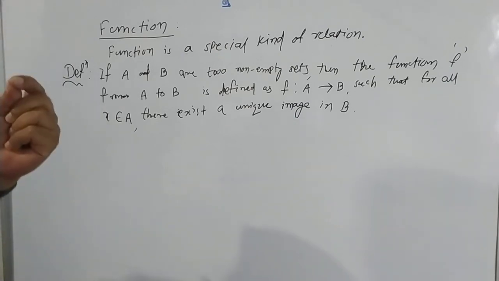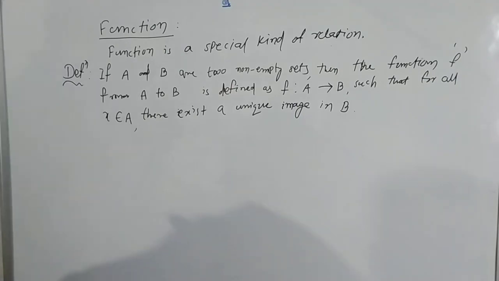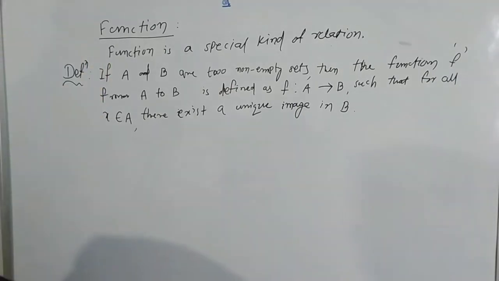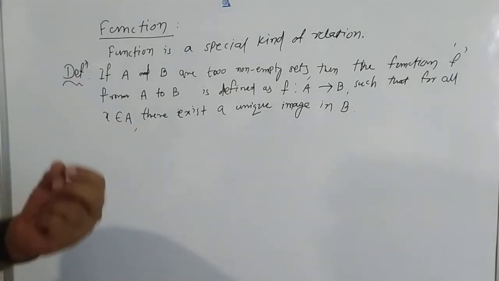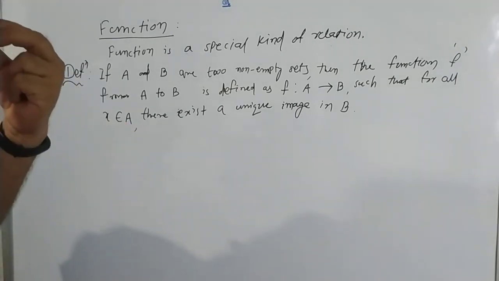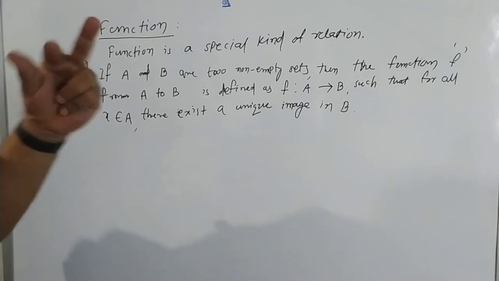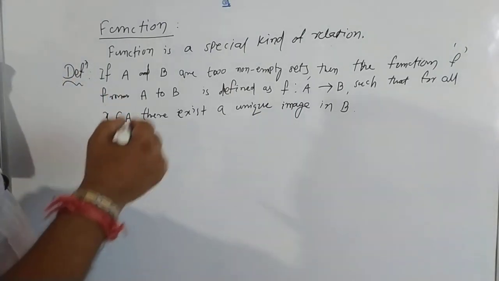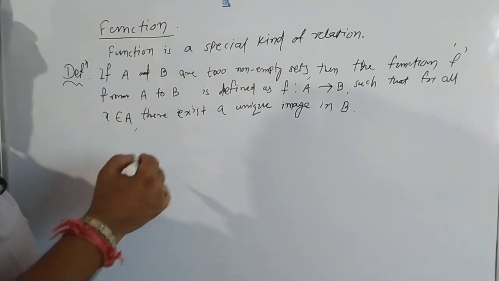Unique means at least and at most one image. All the elements must have one image, not more than one. That means two elements can have one image, but one element cannot have two images.